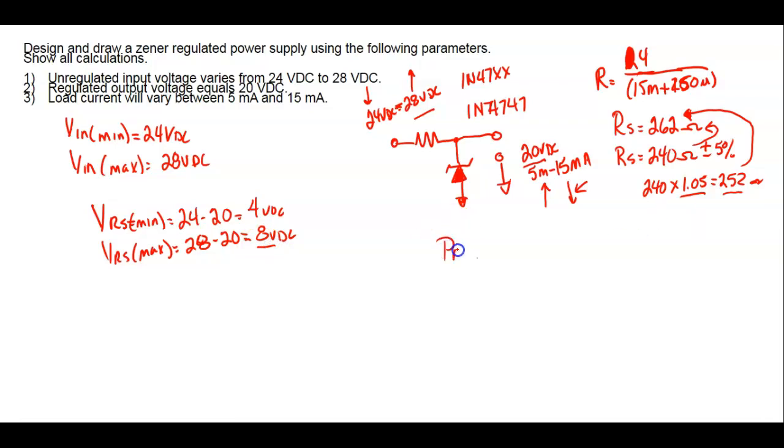So my power for my series resistor would be equal to what? V squared divided by the size, V squared over R, divided by the size we ended up with. So what size did we end up with? 240. So this would give me my wattage rating on the resistor.